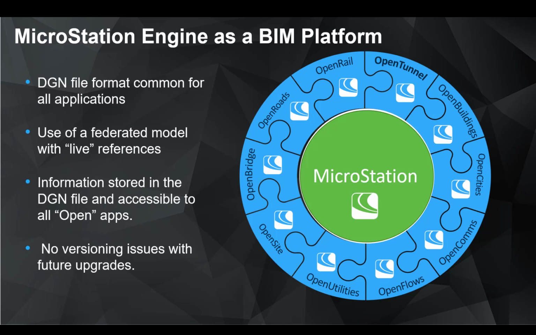OpenBridge, OpenRoads, OpenRail, OpenTunnel write all their information into a single file format, the DGN file, a format that is common for all applications, that uses a federated model with live references in which the information stored in the DGN file is accessible to all Open apps, but most importantly, no versioning issues for future upgrades.